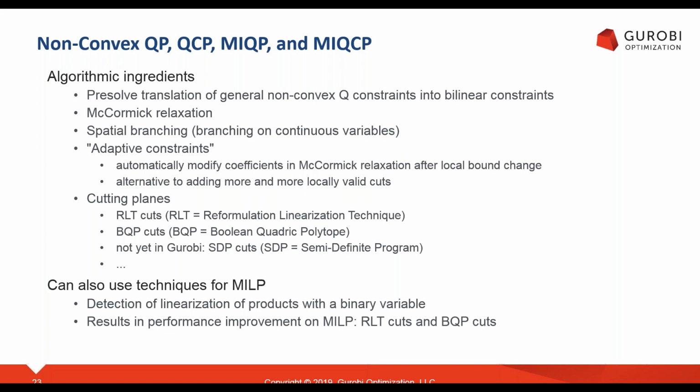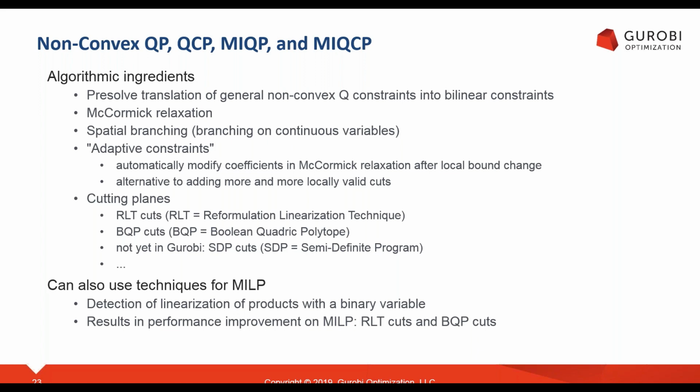And if you want to have good performance, then you also need special cutting planes for those. And these are in particular the two cuts that I already mentioned in the beginning, the RLT cuts and the BQP cuts. RLT stands for reformulation linearization technique, and the BQP comes from the Boolean quadratic polytope. Those we have already implemented.